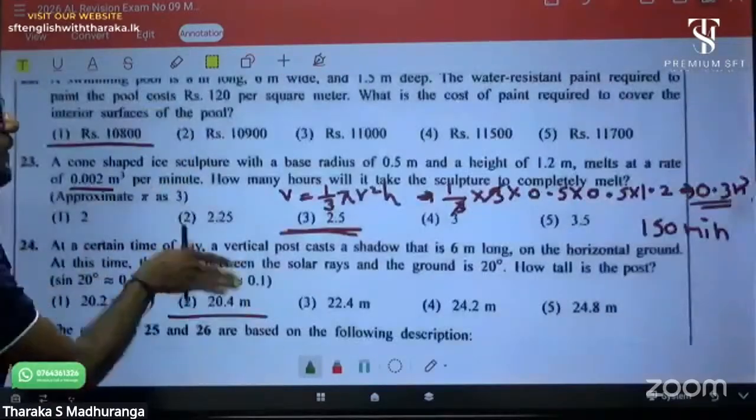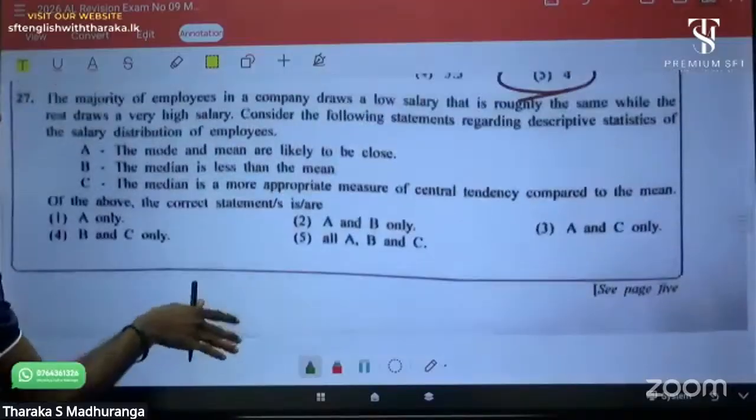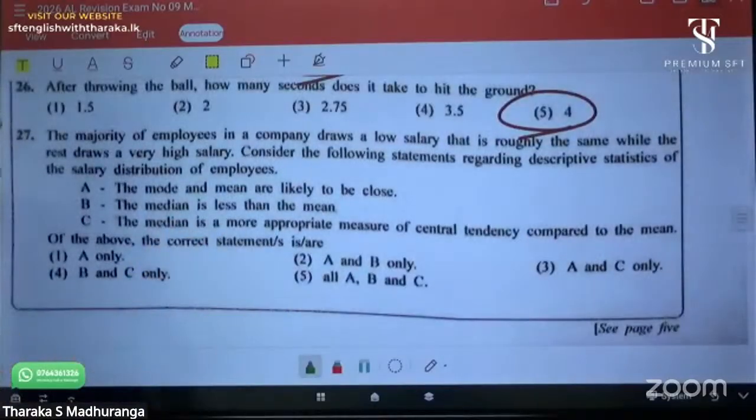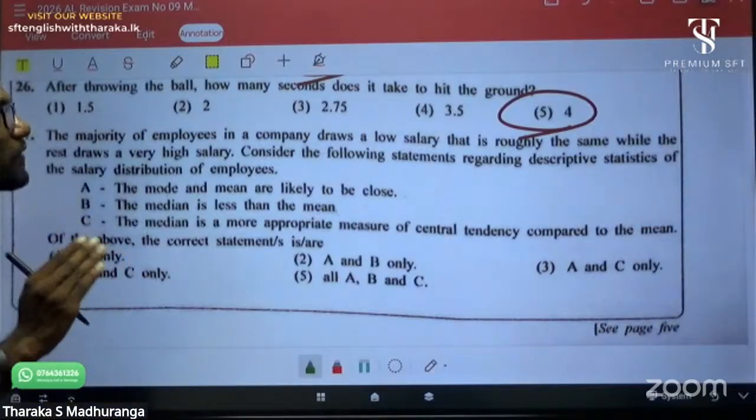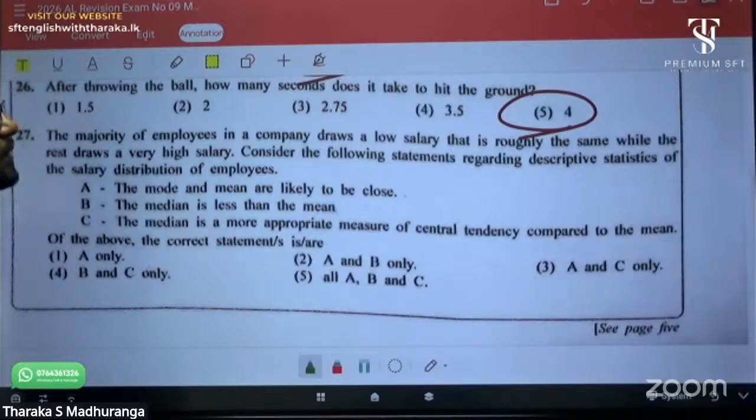Okay, let's complete the mathematics part today. Then we can continue the rest next day. The majority of employees in a company draw a low salary that is roughly the same, while the rest draw very high salary.